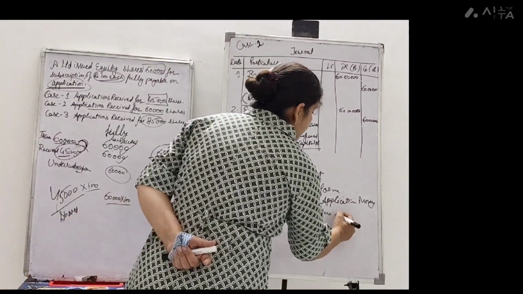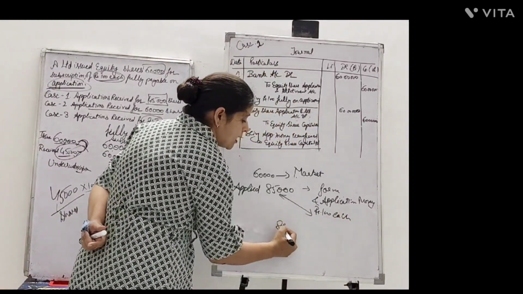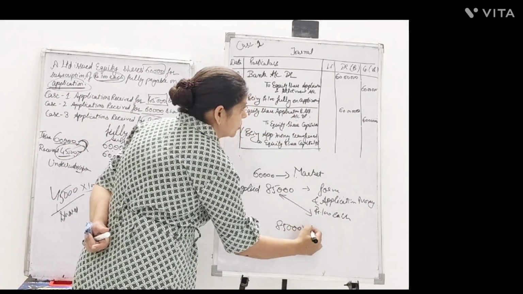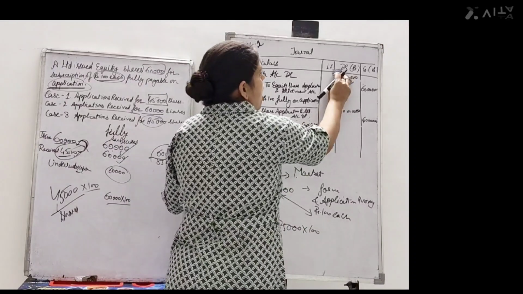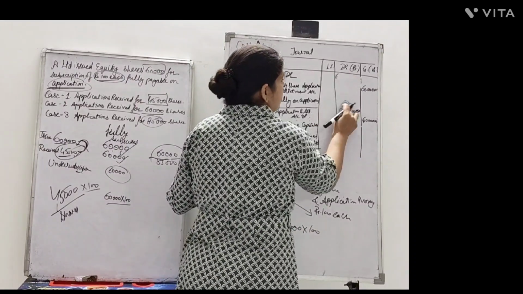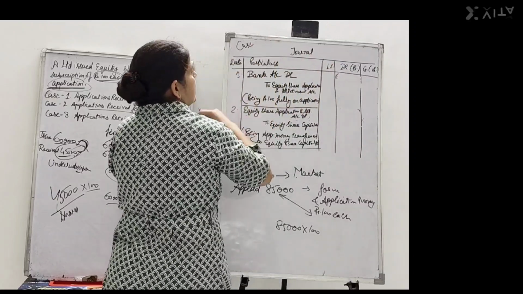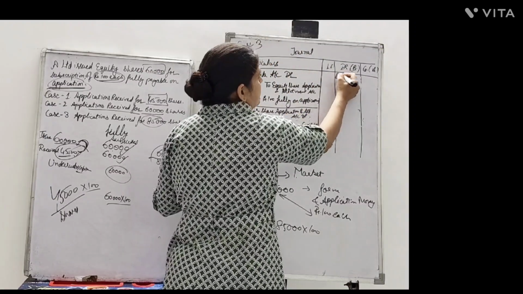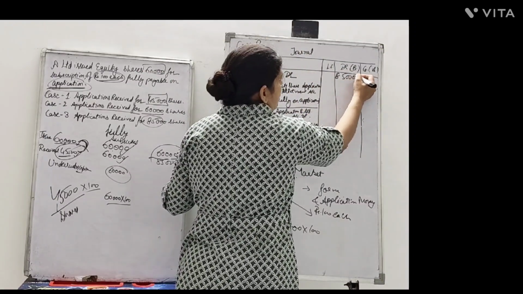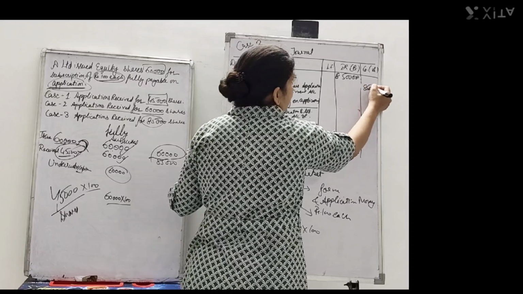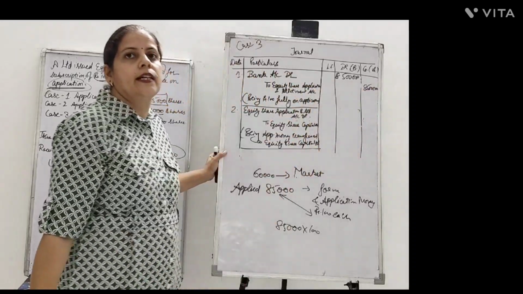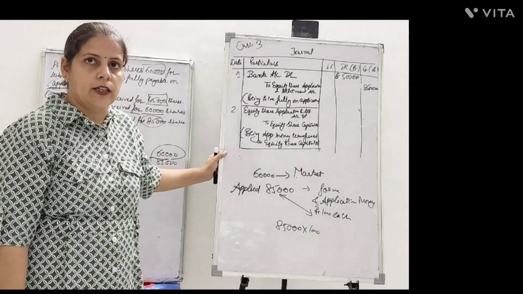So the company received actually 85,000 into 100. How much money was received by the company in this case? That is rupees 85 lakh. Right? So they got a deposit of rupees 85 lakh as equity share application and allotment.